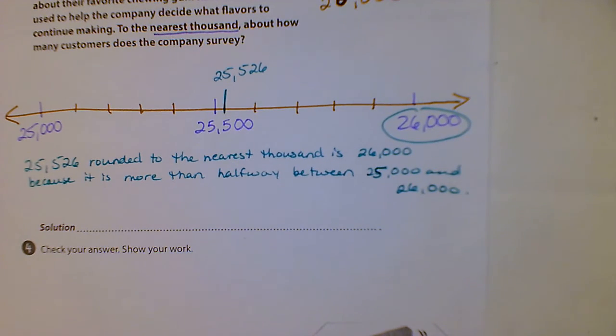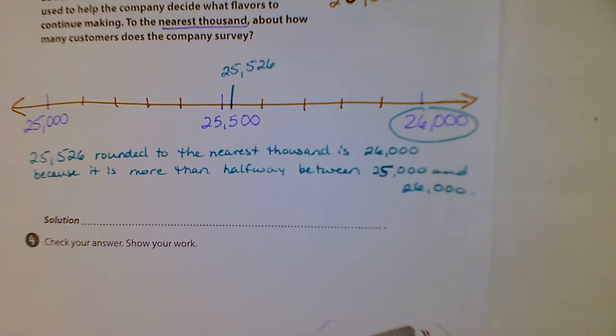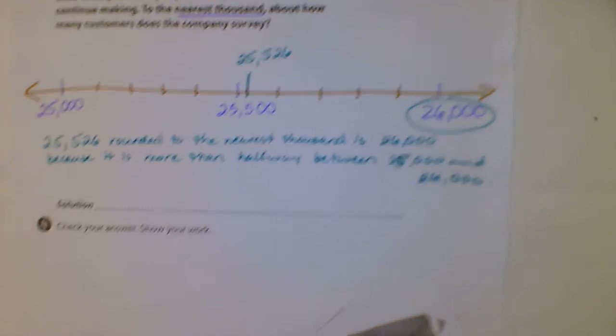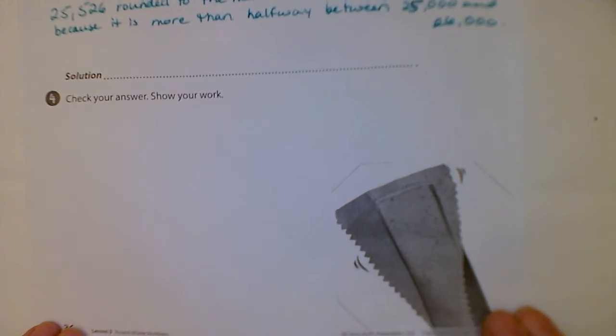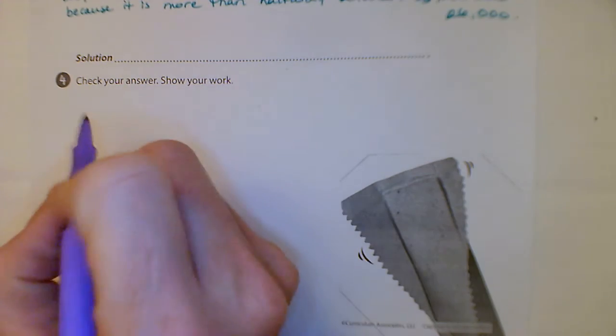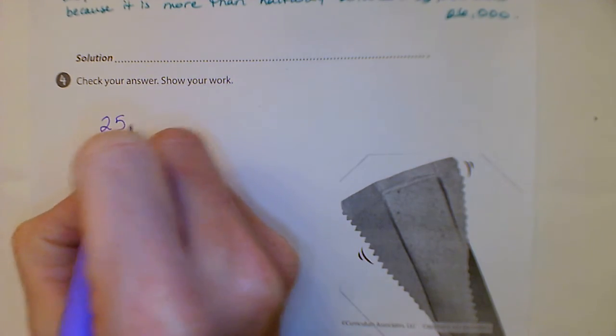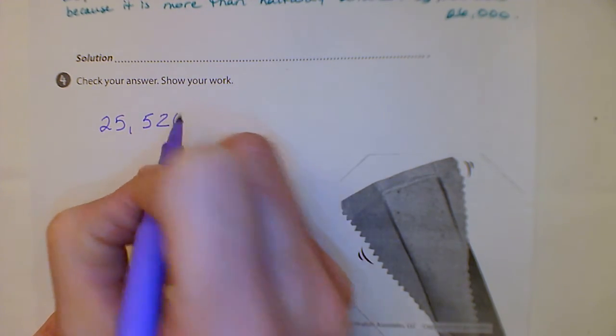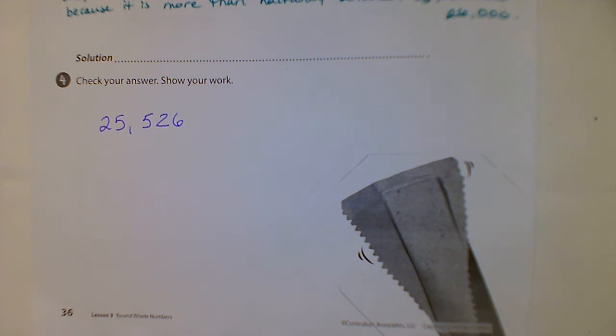Now, what's one way that we could possibly check this? Since we have moved ahead and worked on session 2, we're going to use the algorithm to check it. Let's do the algorithm for our check. I'm going to have 25,526. The way we do the algorithm is that we circle the place value that we're rounding to.